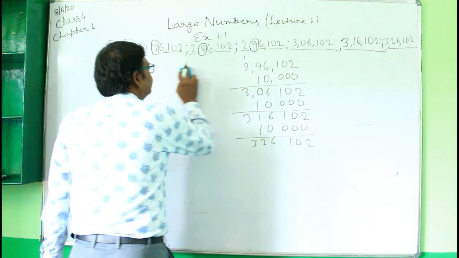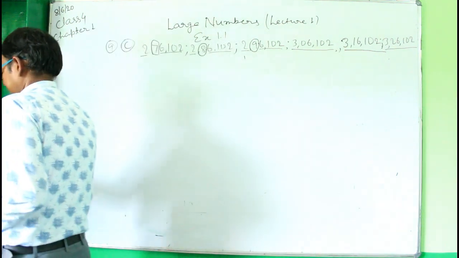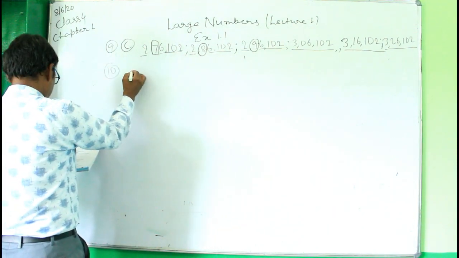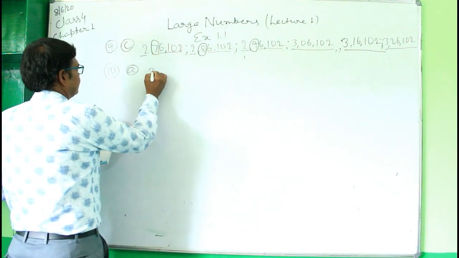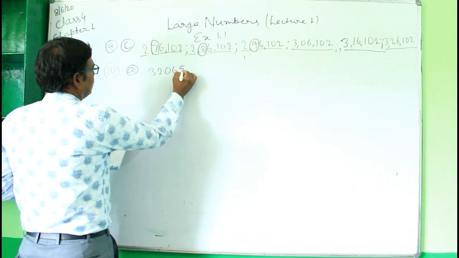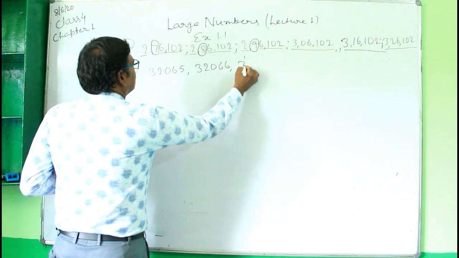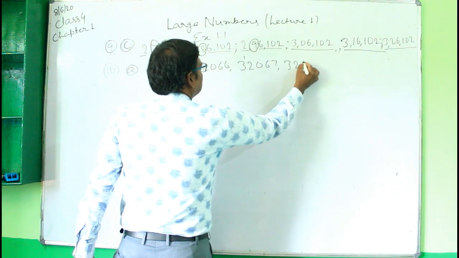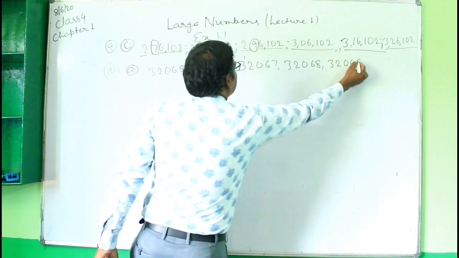That is the answer. 32,065. The next will be 32,066, 32,067, 32,068, 32,069.